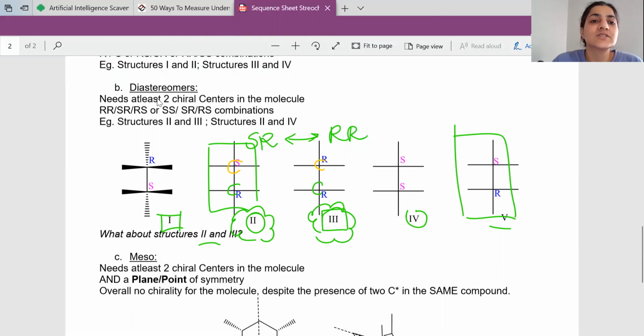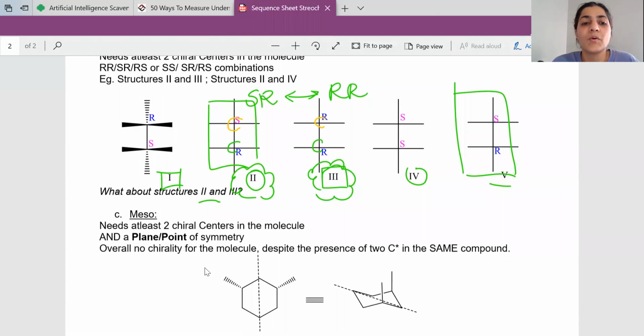Just like diastereomers, meso compounds also need at least 2 chiral centers. And there should be a plane or a point of symmetry.